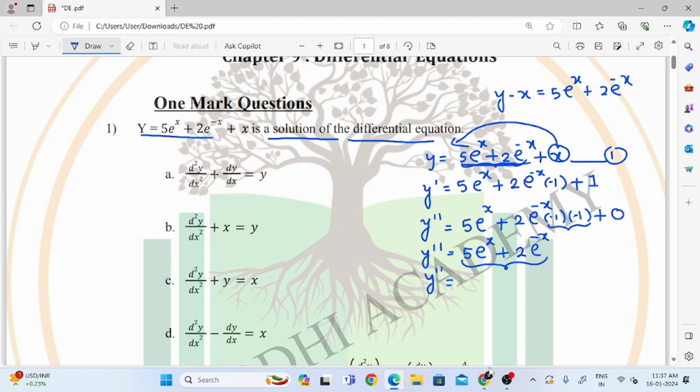So from equation number 1 we can say the value of 5 e raised to x plus 2 e raised to minus x is nothing but y minus x. We can substitute y minus x in its place.